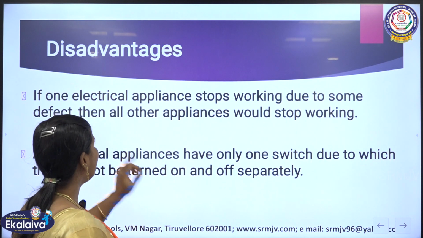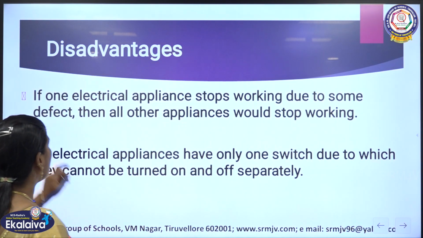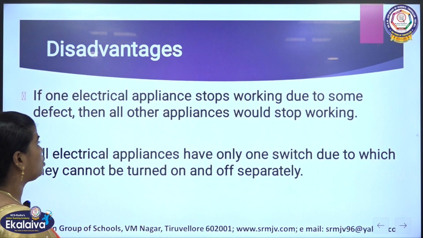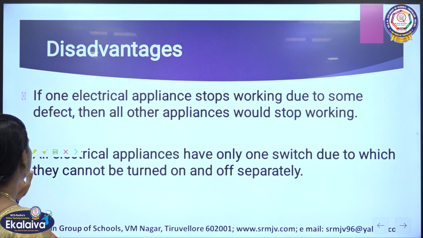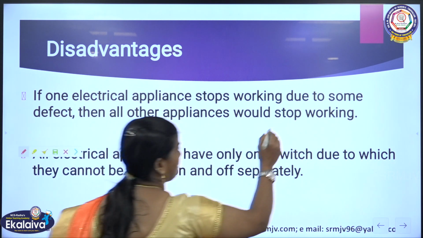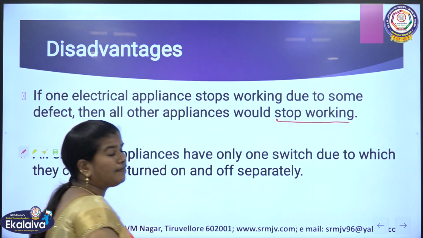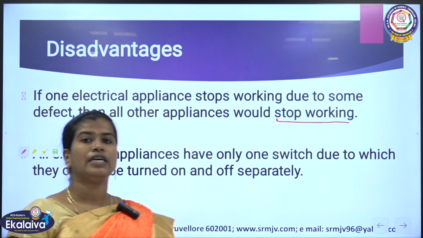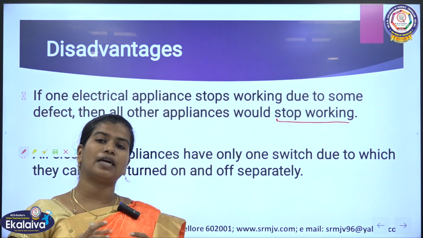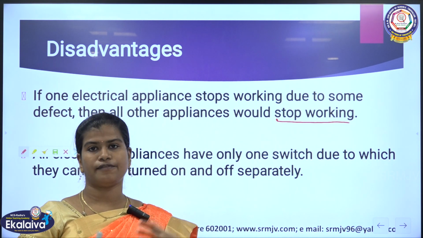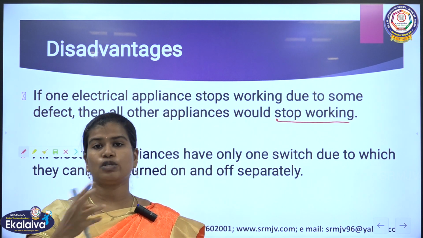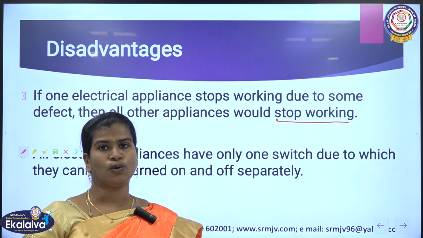We will talk about the disadvantages. If one electrical appliance stops working due to a defect, then all the other appliances stop working. So, that is a very big disadvantage, because if 2 bulbs or 3 bulbs are connected in series, and one gets a defect, both the bulbs will not glow.